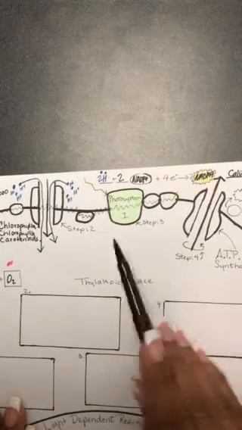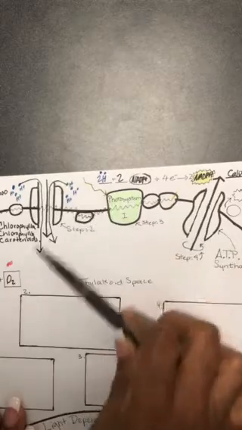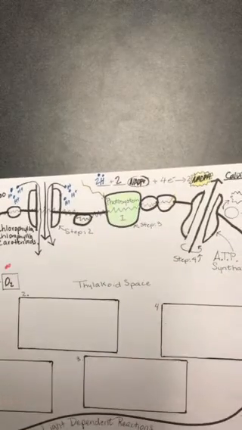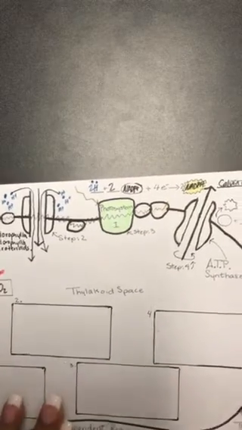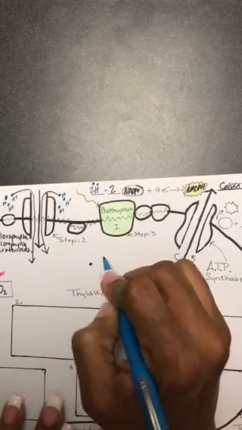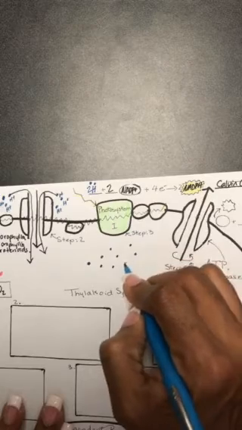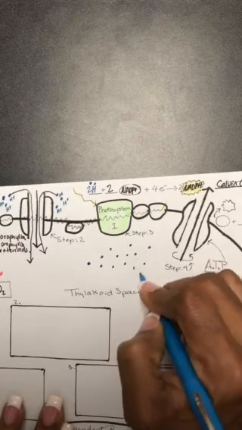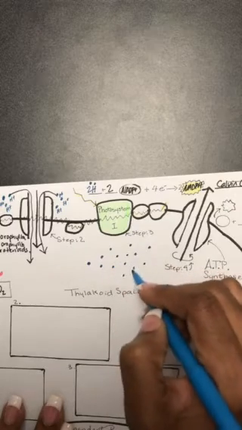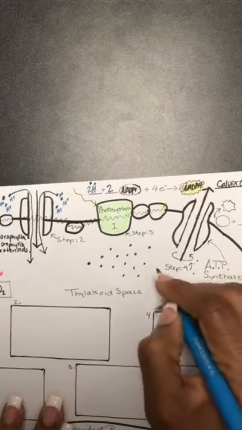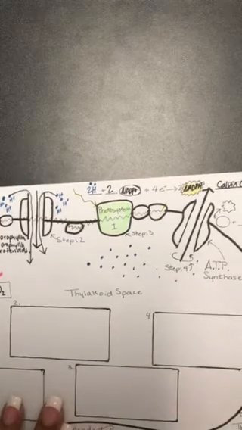And then all the while, as these protons are pumping through, there is a charge that is being created. So let's go ahead and draw about maybe 10 protons on the inside. So that's 1, 2, 3, 4, 5, 6, 7, 8, 9, 10, 11, 12, 13, 14, 15. Okay, put a few over here. I know I did just say 10, but just put a whole lot.